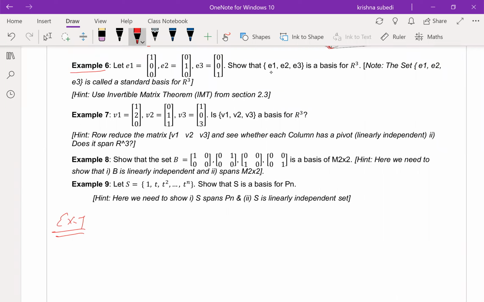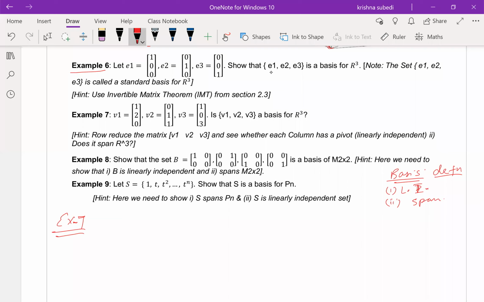Remember, the definition of a basis means linearly independent and, second, span. Two things. Example 7. Now I want you to check whether these vectors are linearly dependent or independent.